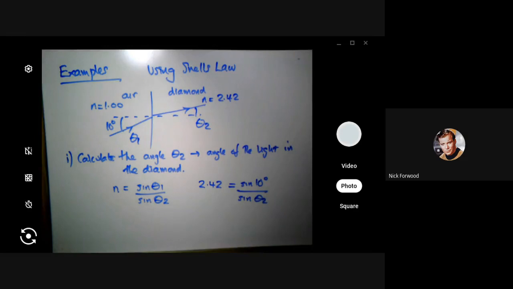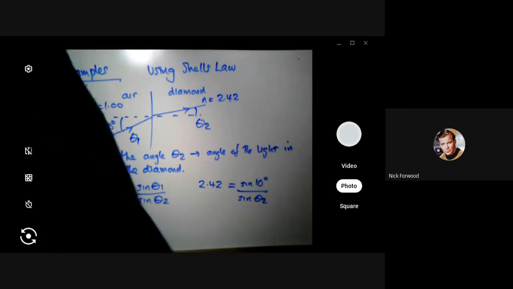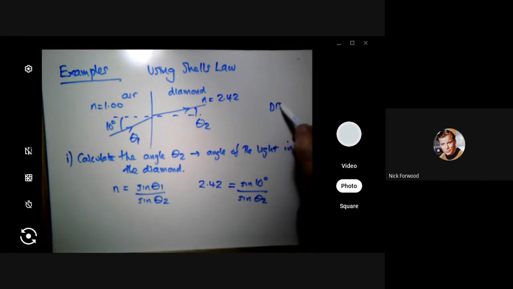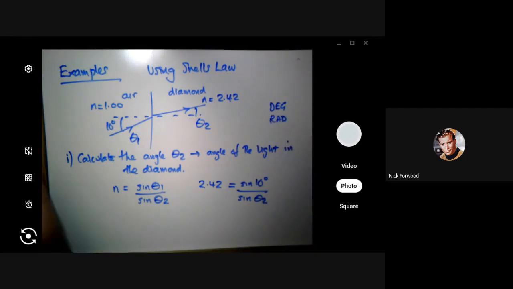You must make sure when you get your calculator out that it actually says degrees. I'm just having a look at mine and it doesn't actually say degrees, which is a bit of a problem, but you're going to have to make sure it's set up in degrees. Some calculators say DEG at the top, and some calculators will tell you it's in radians, but you need to make sure it's in degree mode or you're not going to get the right answer there.